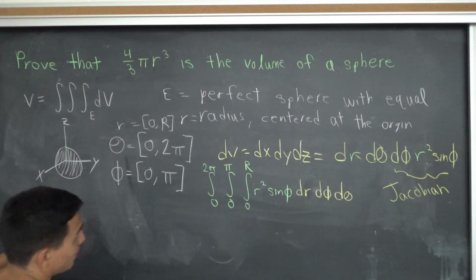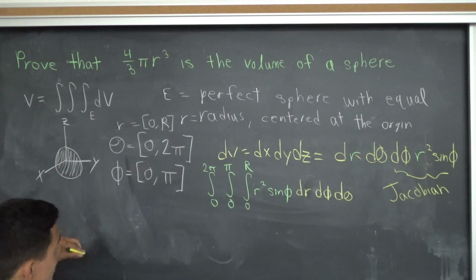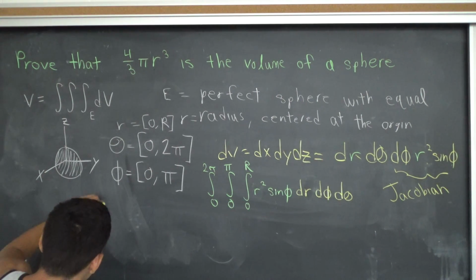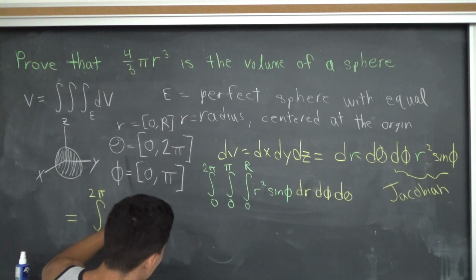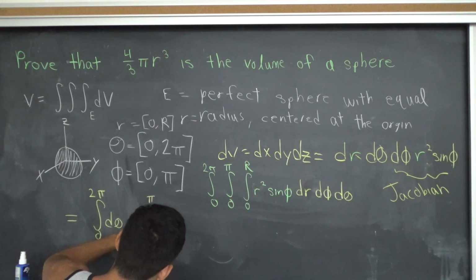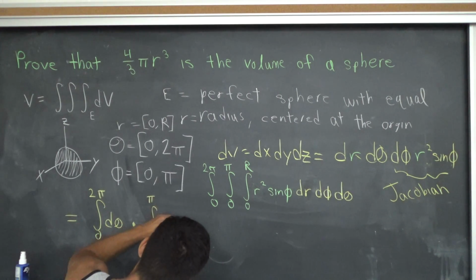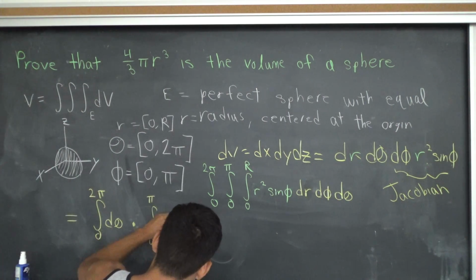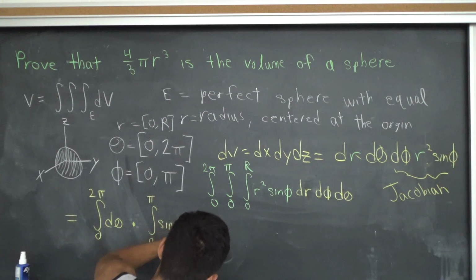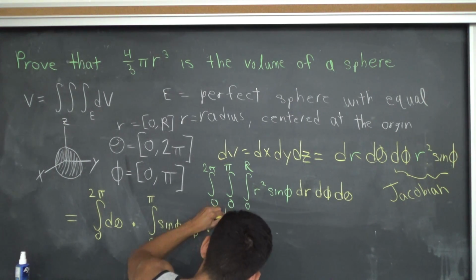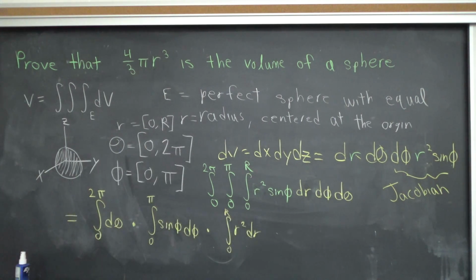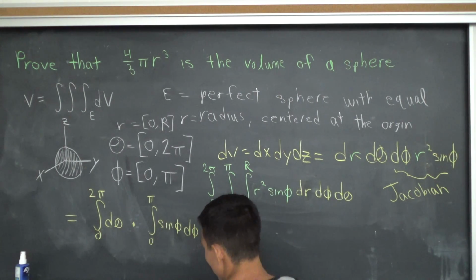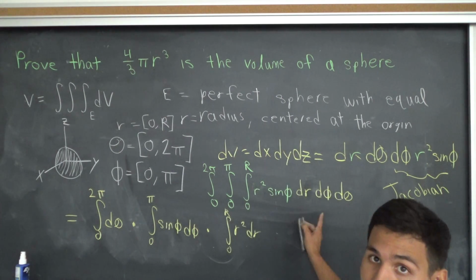Now we see that this integral has multiples in it. So we can say that this integral is equal to the integral from 0 to 2 pi of d theta, multiplied by the integral from 0 to pi of sine phi d phi, multiplied by the integral from 0 to R of r squared dr. This is completely true. That's the really nice thing about triple integrals if they have multiples, meaning there's no plus or minus in the middle of the integrand.